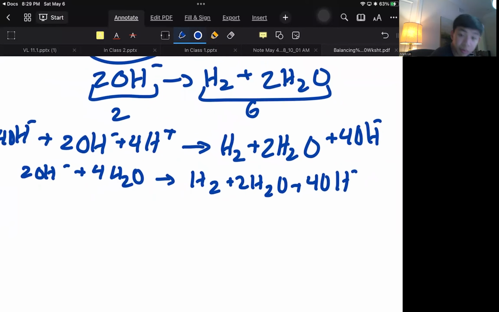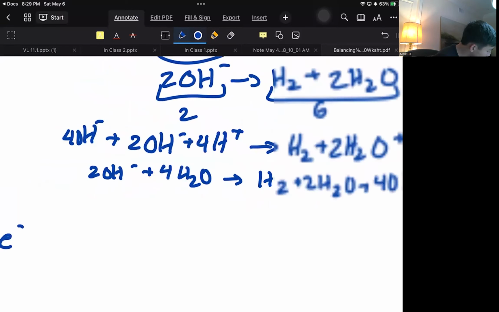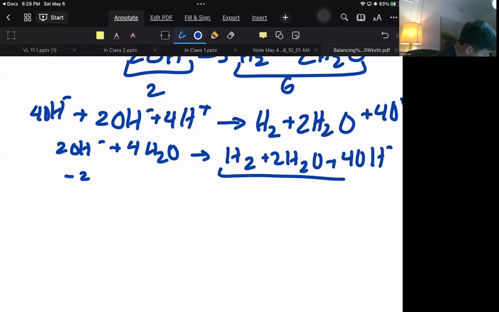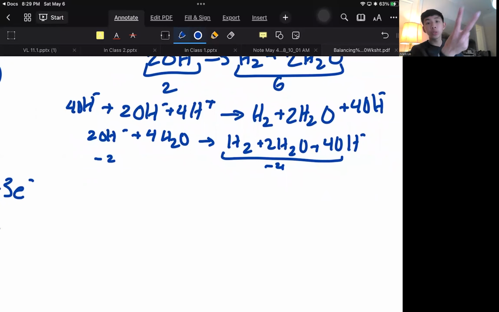Now we have to balance charges. This is going to be -2. This is going to be -4, right? Because four OH minus. So to balance this, we need to be adding two electrons to the reactant side. Let's add that right now.